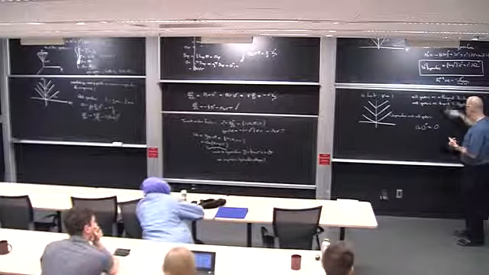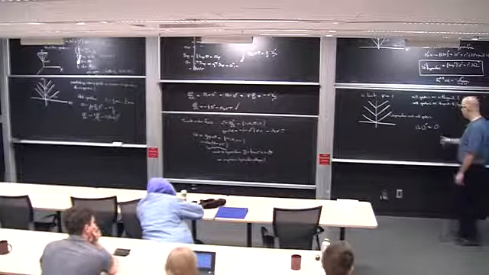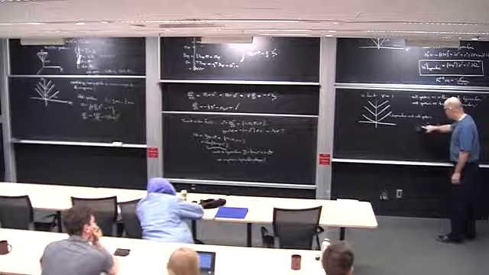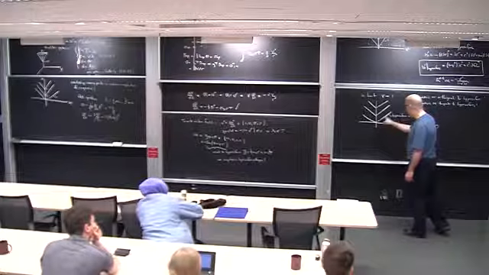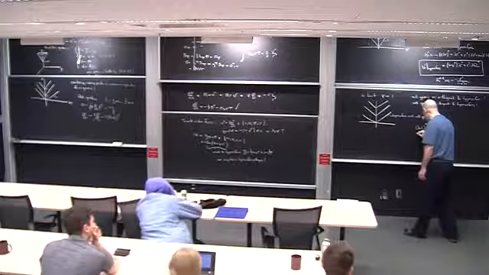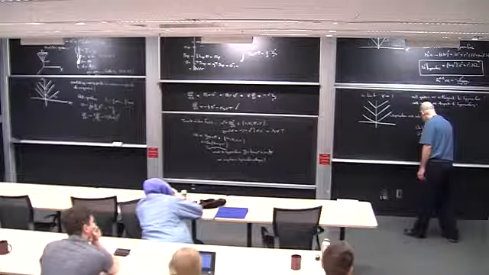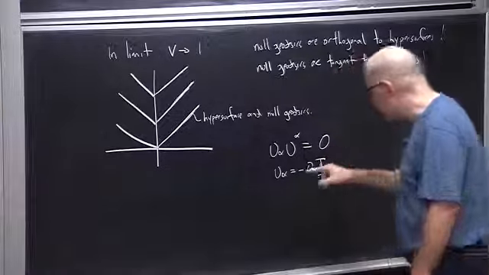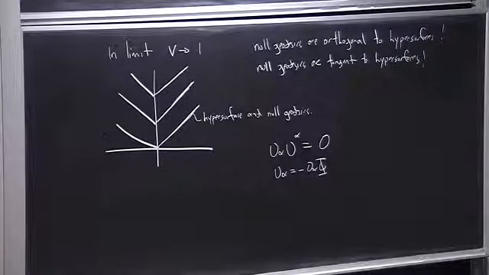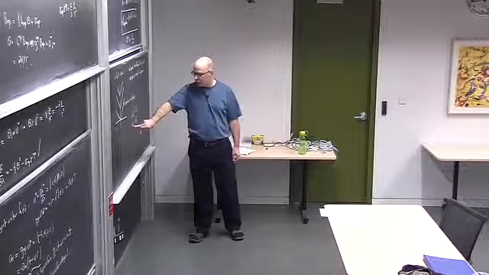And that gives rise to the statement, because we still have a vector field that's tangent to all the geodesics, which are here, and we still have a vector field that's related to the hypersurfaces. That's the statement that this is the normal to the hypersurface.